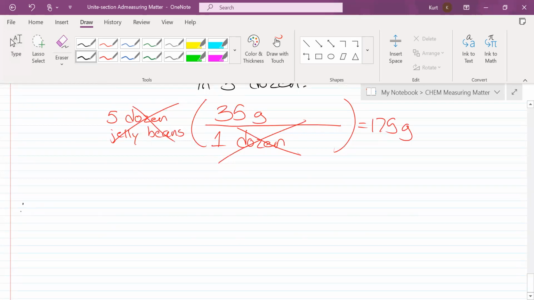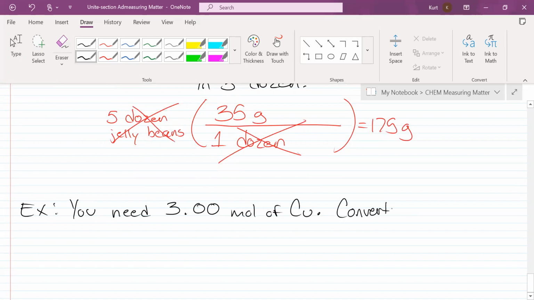Here's an example problem. You need 3.00 moles of copper. Convert moles of copper to mass.